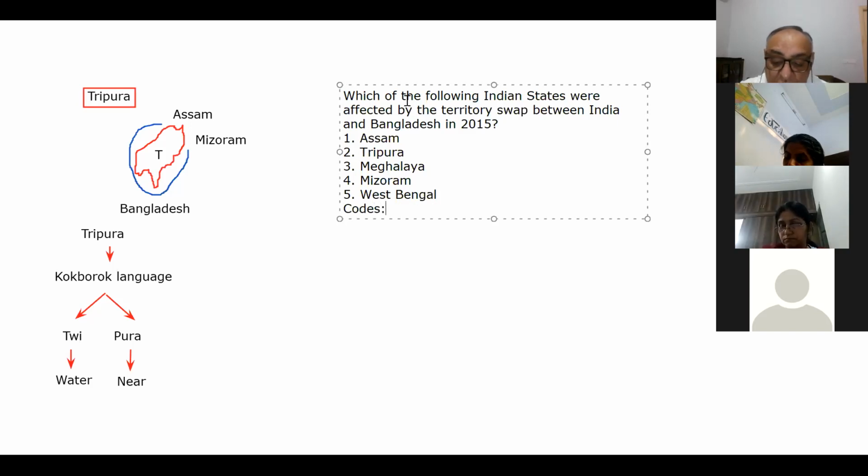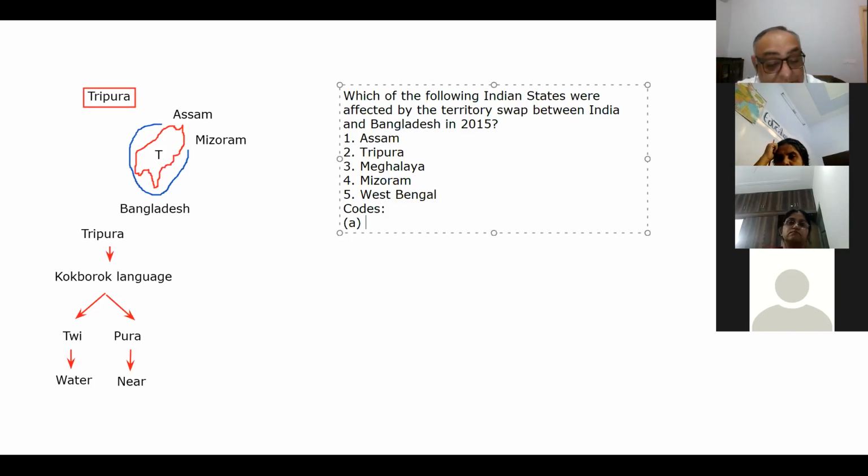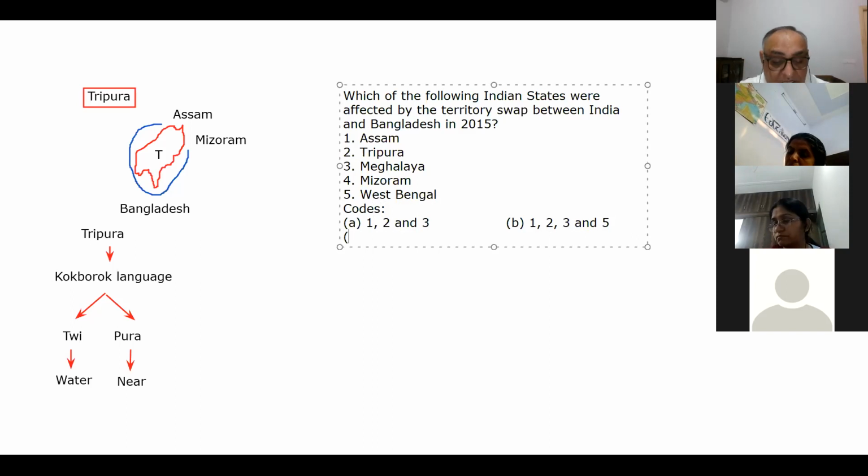सो नीचे हम यहाँ कोड्स लिखते हैं. As far as the codes are concerned, the first code is 1, 2 and 3. The second code is 1, 2, 3 and 5. Let's suppose this is the second code, and the third code which I am going to write here is 1, 3, 4 and 5.